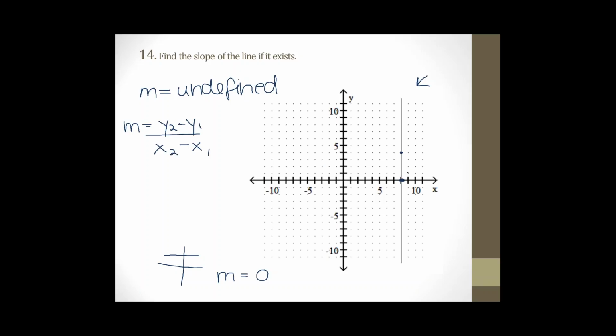This one here would be 8, 0, and this one on top here would be 8 and then 1, 2, 3, 4, so 8, 4. And now if you use these 2 points, it doesn't matter which one you call point 1 and which one point 2, only once you label them, keep the labeling.